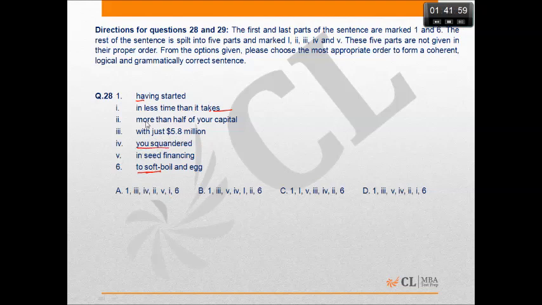Yes, you squandered more than half your capital. So 4 and 2 have to be together. 4 and 2 are together out here. 4 and 2 are not together out here. 4 and 2 are together out here. So B is incorrect. And in less time than it takes to soft boil an egg.